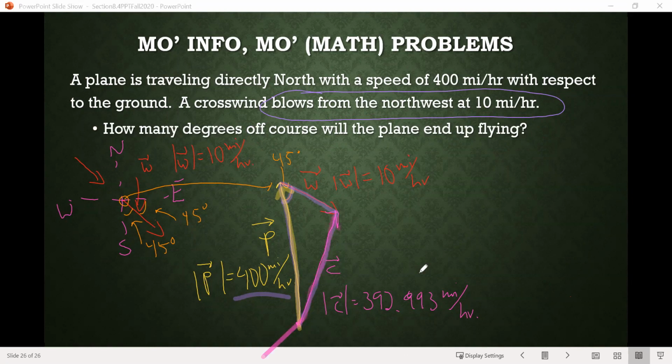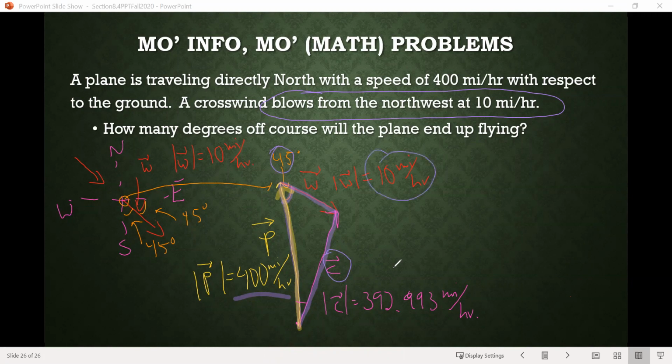We want to know how much it has been blown off course, which means we want to find the measure of this angle in here. We could use components of vectors to solve this, but instead I'm going to use the properties of this triangle. I know the length of this side here and the measure of its opposite angle.